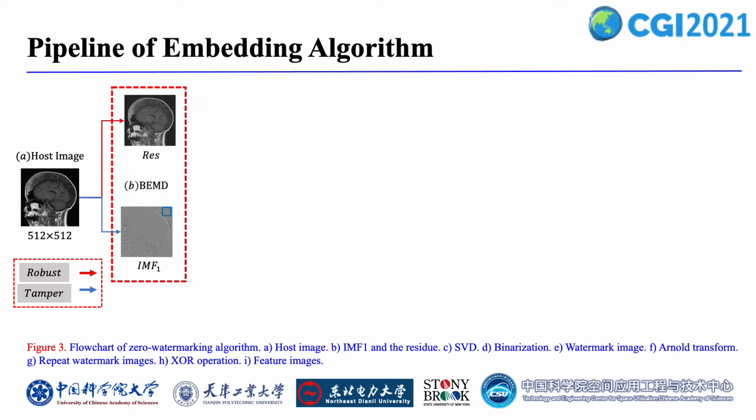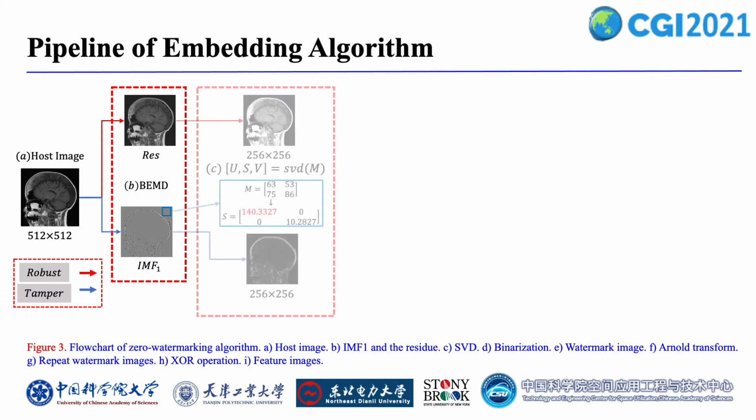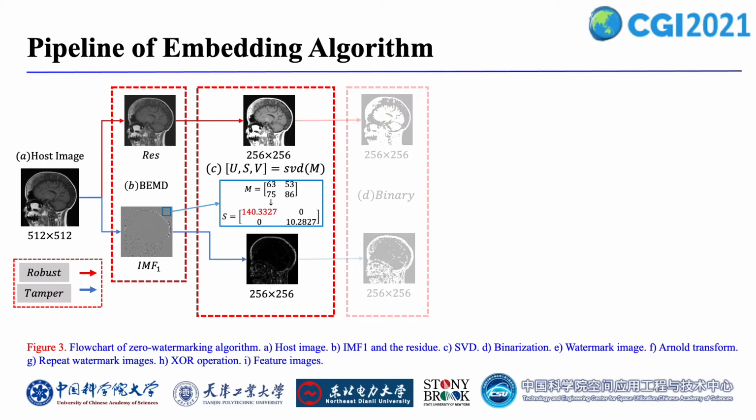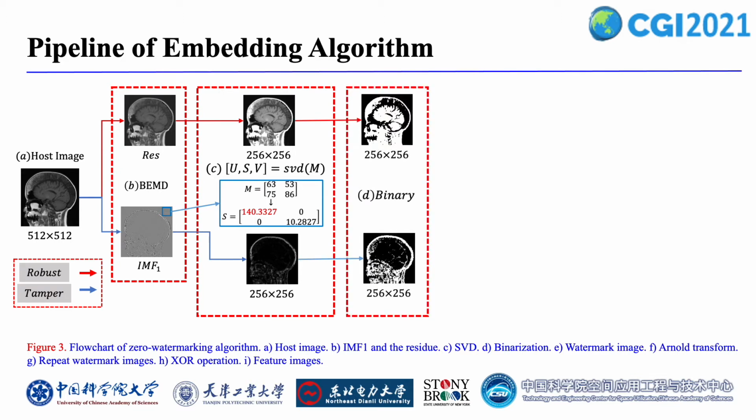Then, the first IMF and the residue are decomposed by SVD. The largest value in the upper left corner of the singular matrix S is selected to reconstruct the matrix, Figure 3c. After that, both of the matrices are binarized, Figure 3d.